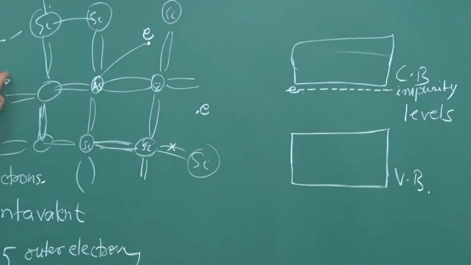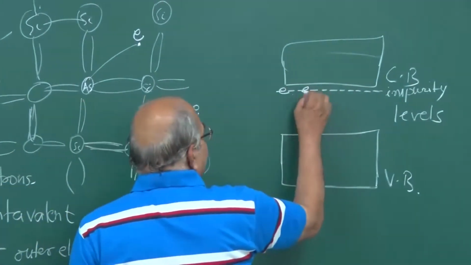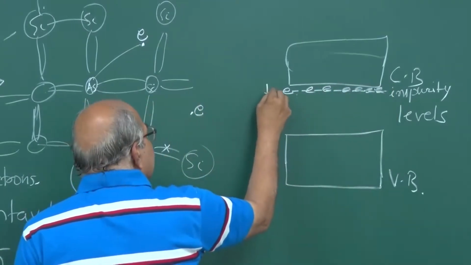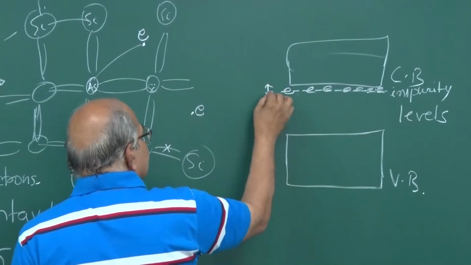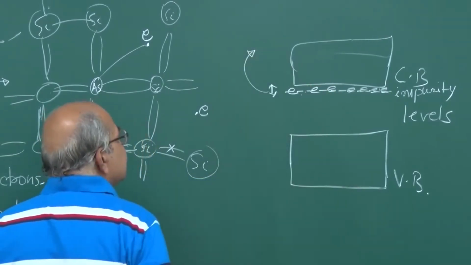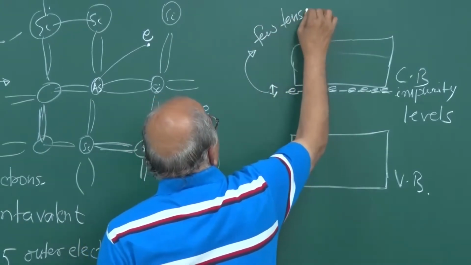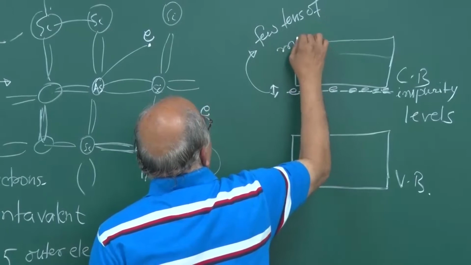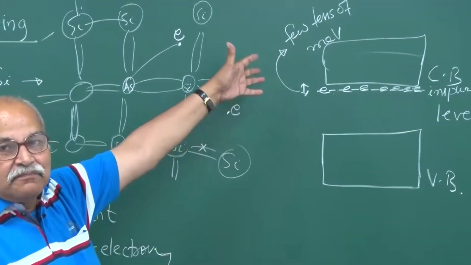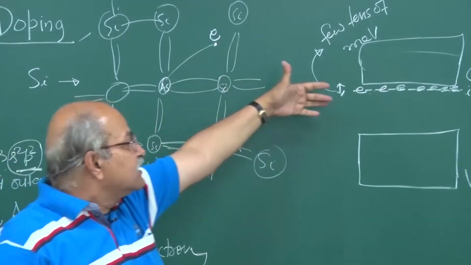Similarly you have arsenic here and there and there, and those electrons are in these impurity levels, and this gap here, this difference, is a few tens of milli-electron volts. Maybe 15, 20, 30, 40 milli-electron volts of this energy.